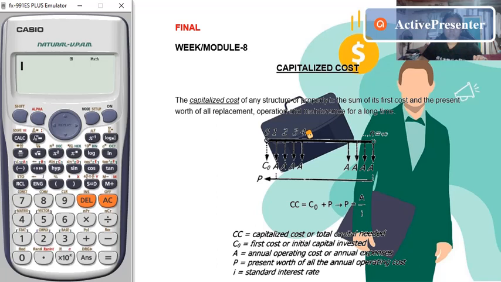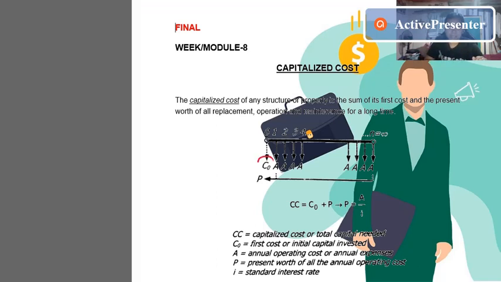We have our first cost, which is C0, and the present worth of all replacement, operation, and maintenance, which goes to infinity since it is a long time. So we know the formula for our annuity: P is equal to A over I.